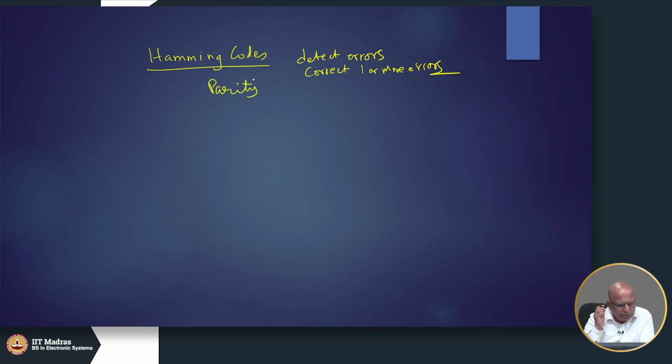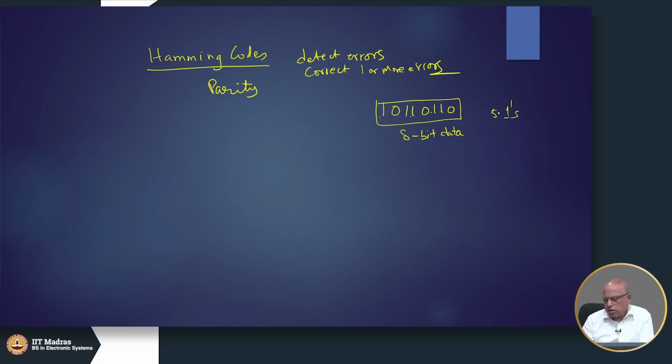What is parity? Suppose I want to store the value 10110110. Okay, this is the 8-bit data that I need to store. So, we count the number of ones. So, there is 1, 2, 3, 4, 5, 5 ones.